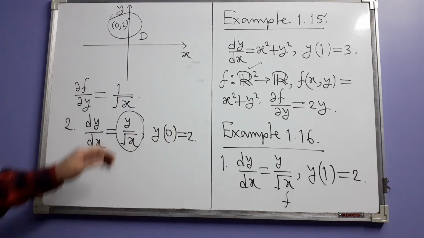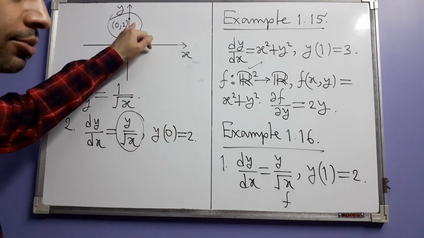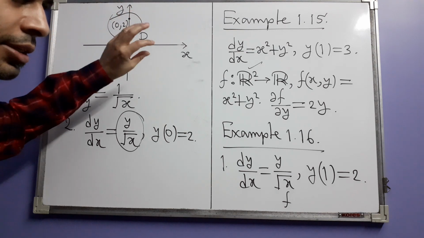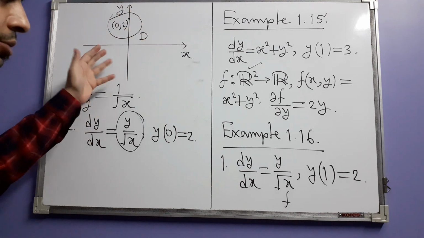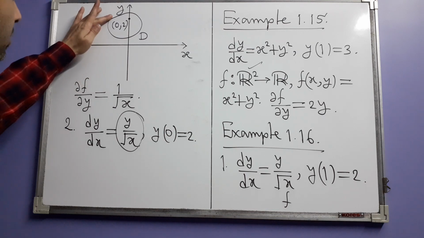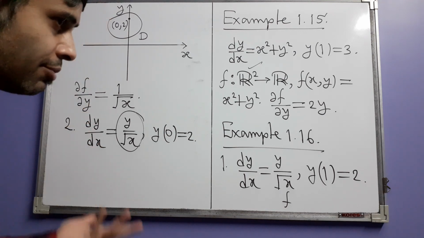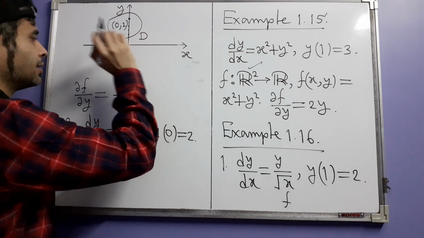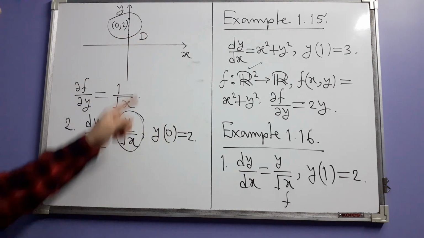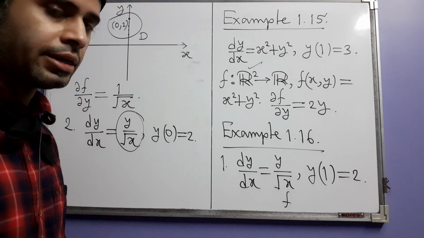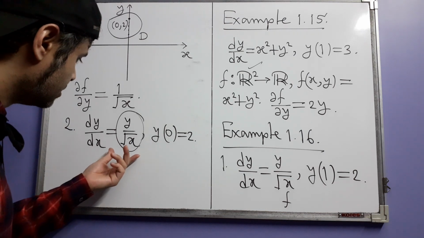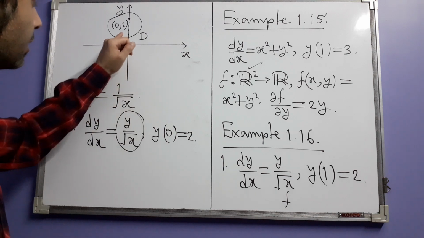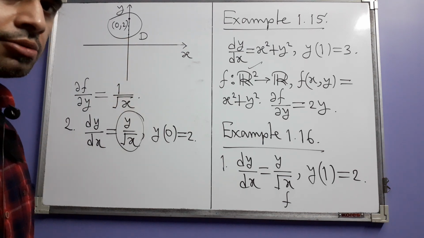Note that no matter how hard you try, you can choose D as small as you want, you can change its shape, its orientation, whatever, but you cannot avoid these points which lie on the y-axis, and they will also lie inside D. They will make this function undefined, because at these points the x coordinates will all be equal to 0.